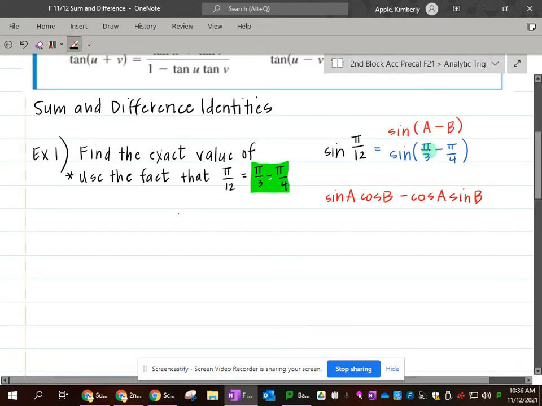So now let's plug in, if this is A and this is B, let's plug all that in the formula.